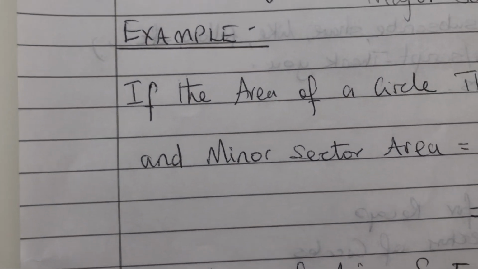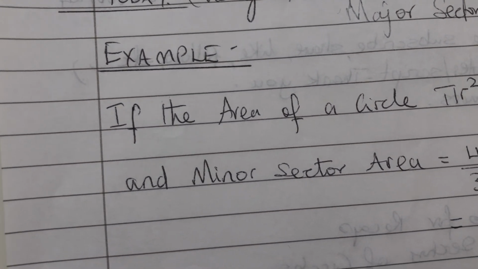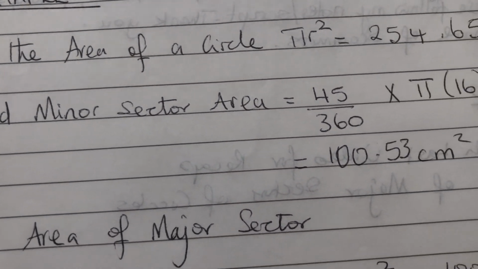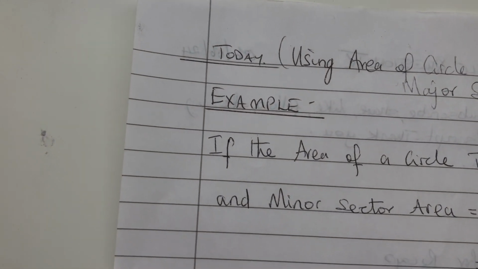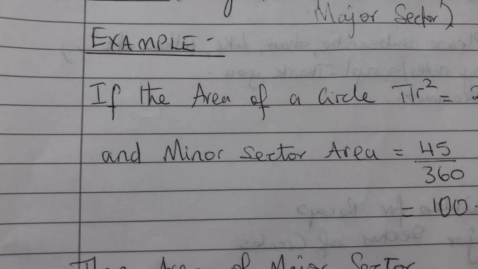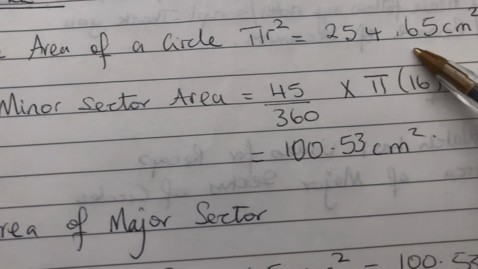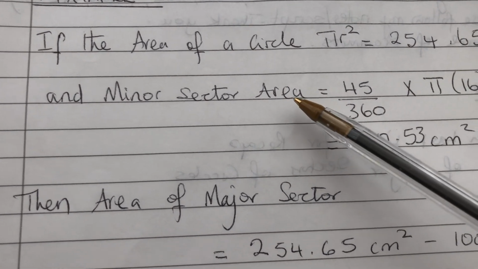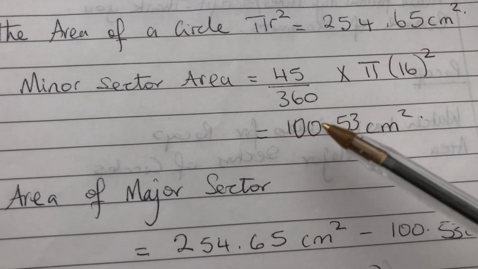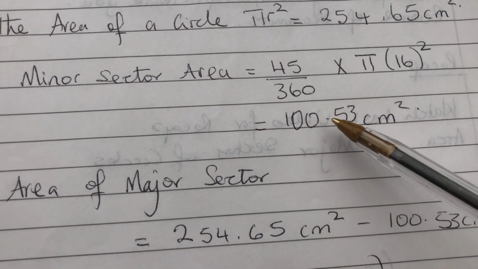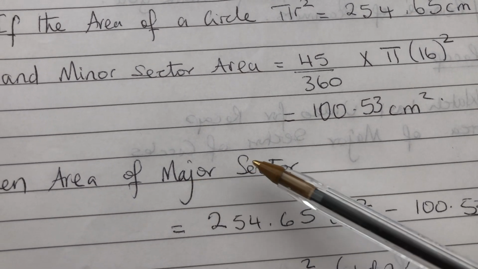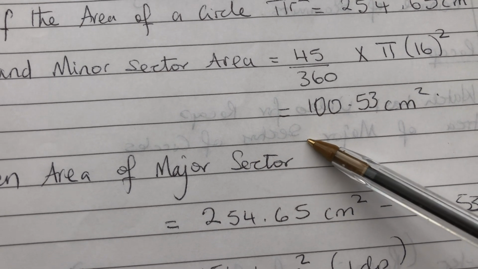If the area of the circle, pi r squared, is 254.65 centimeters squared, and the minor sector area is 100.53 centimeters squared, what would be the area of the major sector?